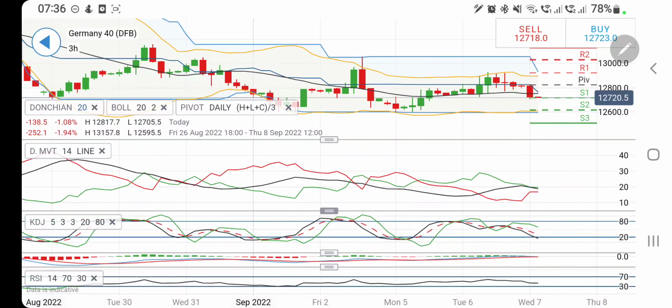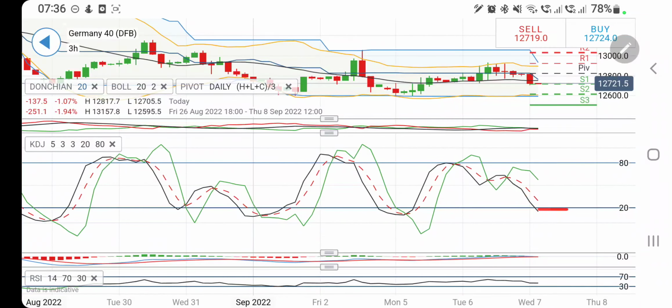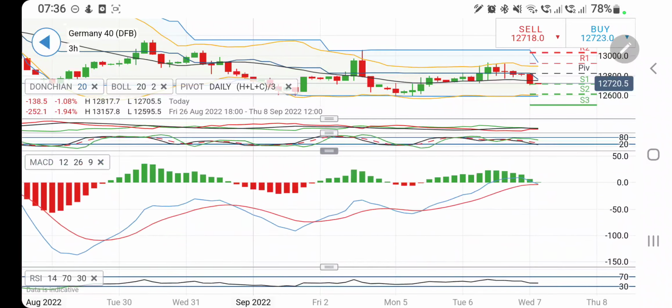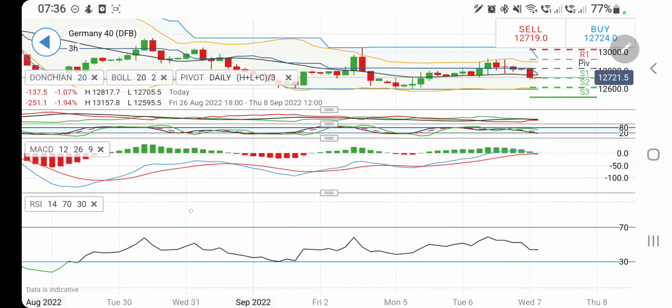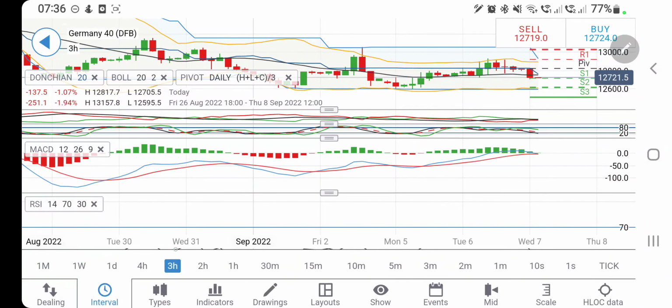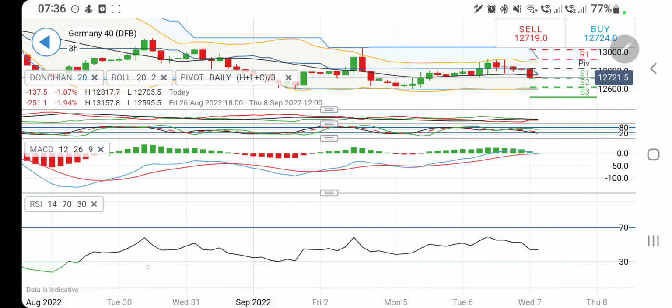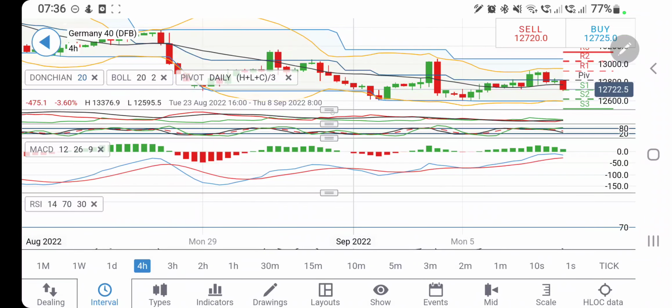Directional movement so far is bullish, trying to converge and crossover. Stochastic is entering the oversold zone. The MACD is on the verge of a crossover for a sell entry. This candle will decide whether it is going to continue with the bearish momentum, continue to diverge and remain bearish from here forward. RSI is trading flat in the comfortable zone.